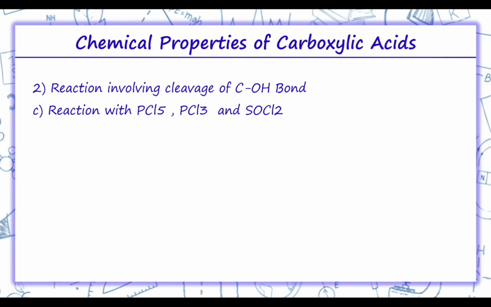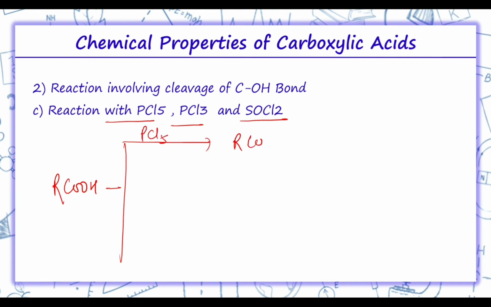Next reaction that involves cleavage of the C-OH bond is the reaction with PCl5, PCl3, SOCl2. So, RCOOH reacts with PCl5, we will get RCOCl plus POCl3 plus HCl.